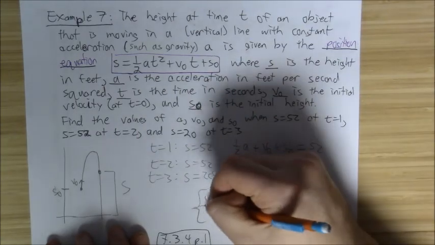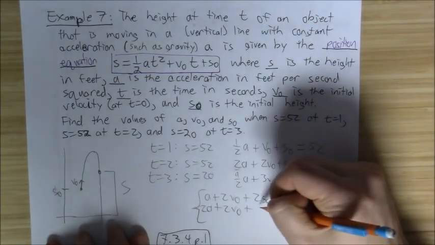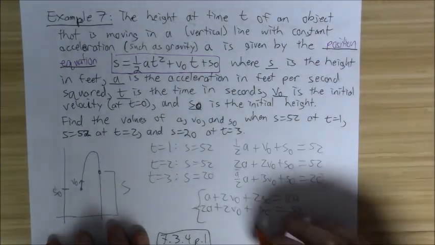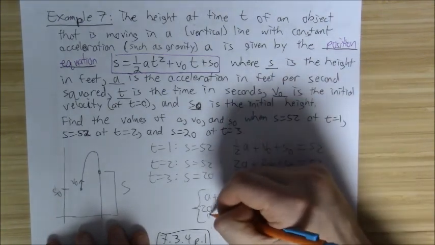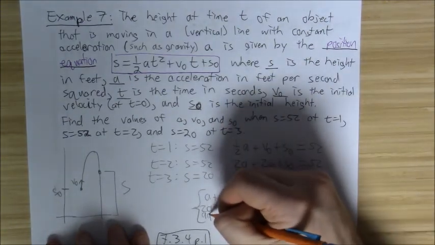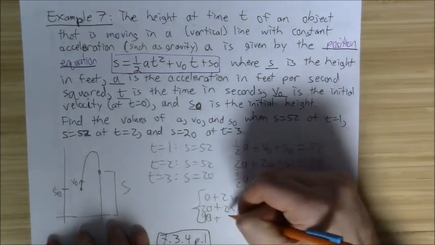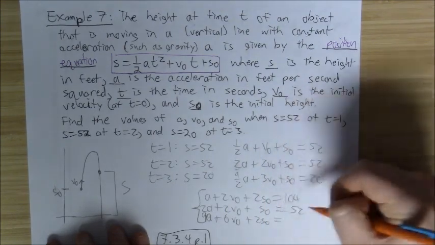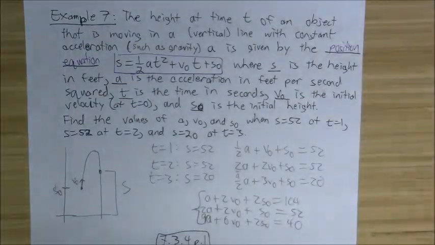We leave that one alone because there's no fractions for the second one: 2V0 plus S0 equals 52. And for the last one, we would have 9A plus 2 times 3 is 6V0 plus 2S0 equals 40, because we doubled everything. And so we have the system of equations.